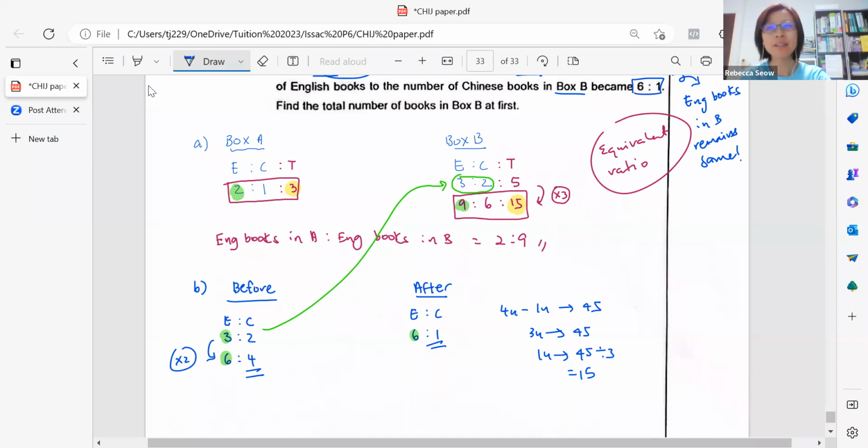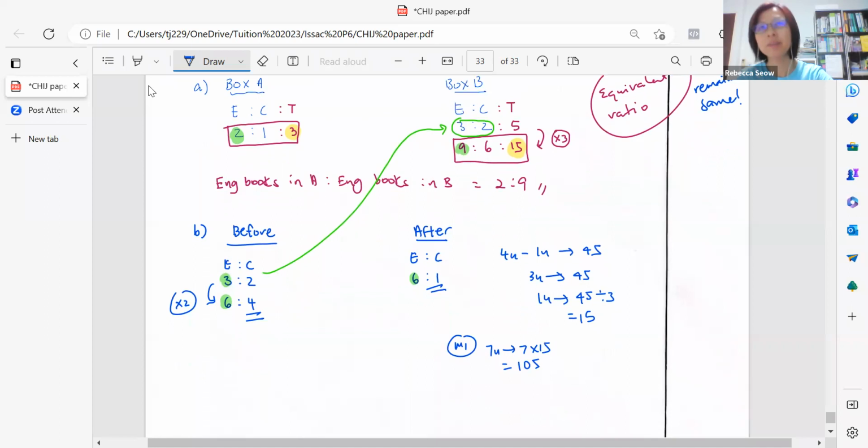Okay, that makes 7 units, right? So method 1, we could see that at the end of the day, box B has got 7 units. So 7 units of books will be 7 times 15. That makes 105. And we add back 45. We get 150. That's the answer.